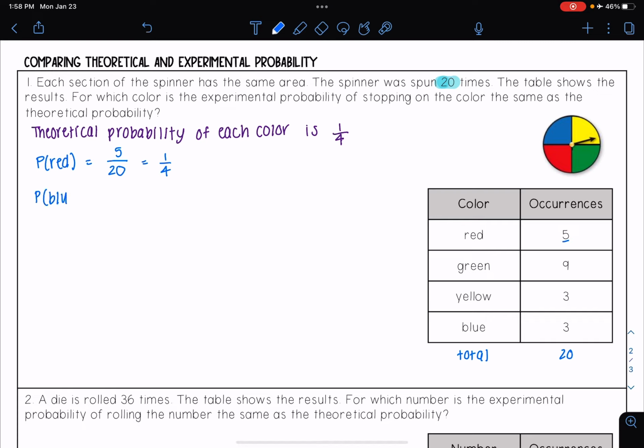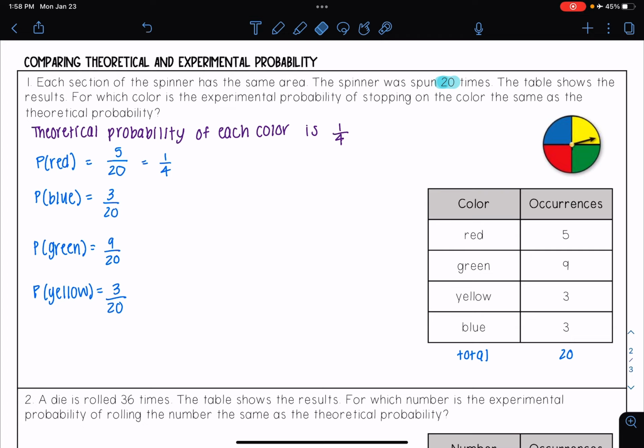Probability of blue. The number of occurrences of blue is 3 over 20. Probability of green is, again, 3 out of 20. And then the probability of yellow, the number of occurrences of yellow is 3 out of 20. Sorry, this green should have been 9, because we had 9 occurrences of green.